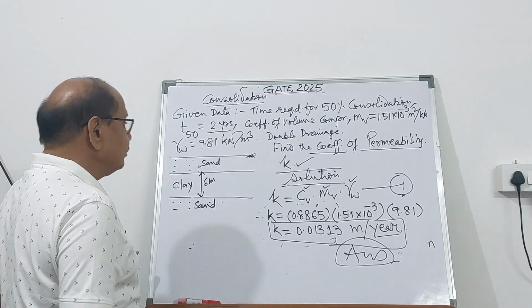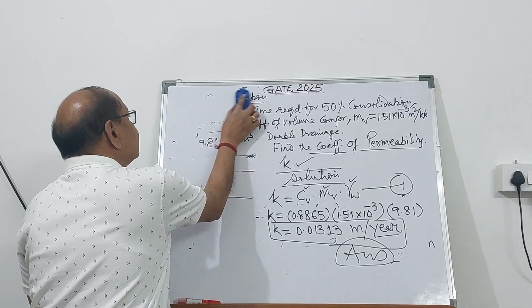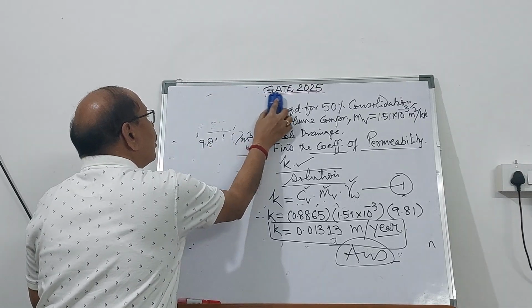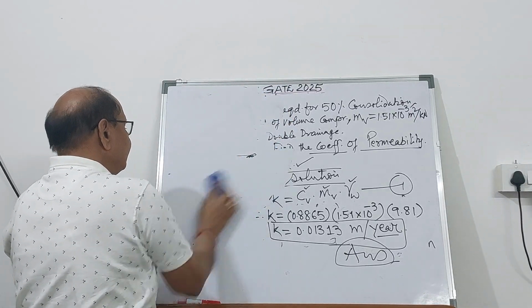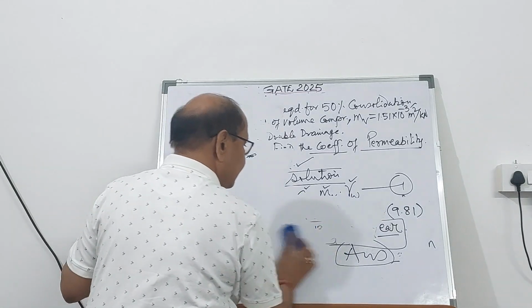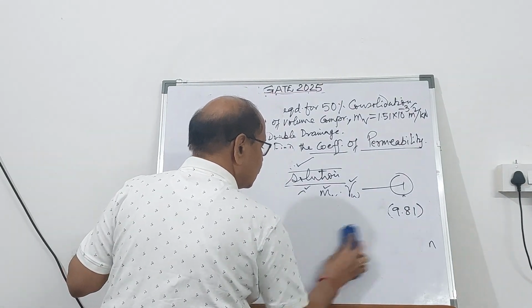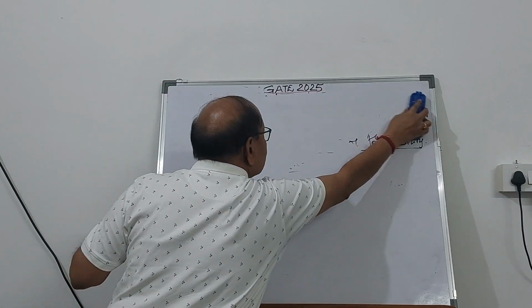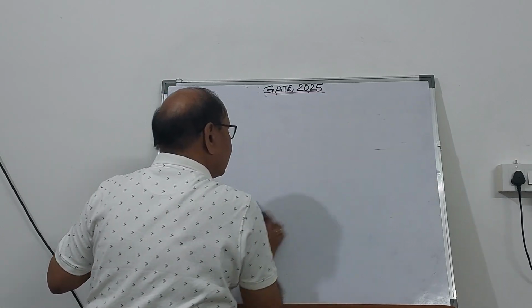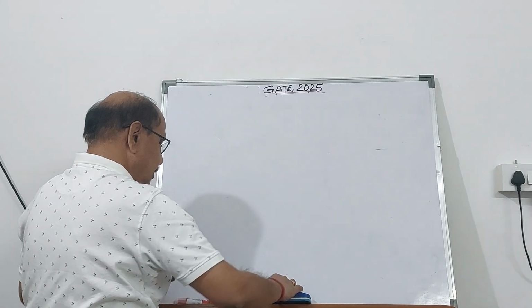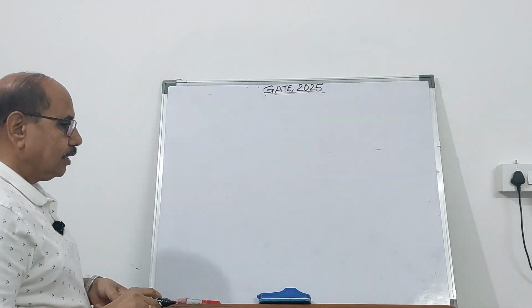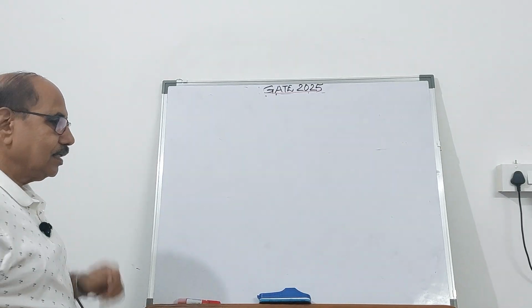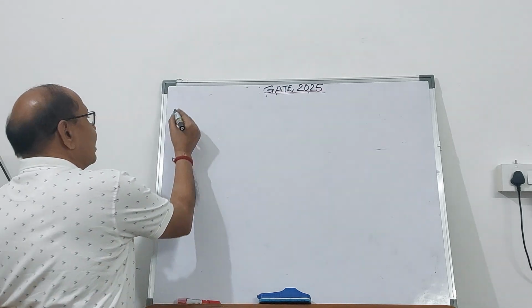The next problem, which was in the afternoon paper of GATE 2025, recently concluded. You all must have seen the question paper. The next question is, find N gamma.